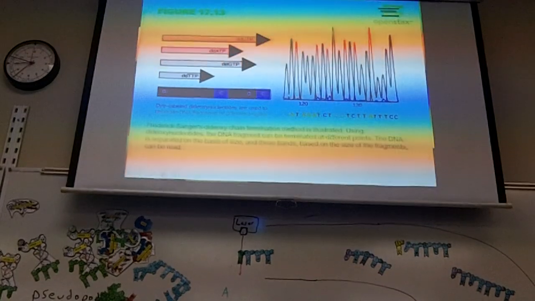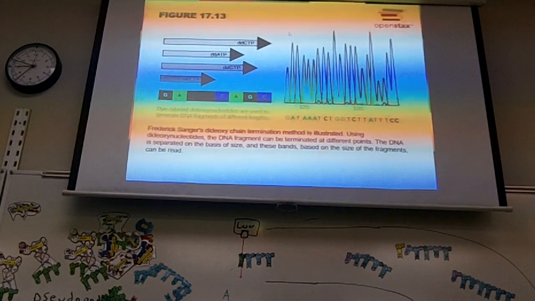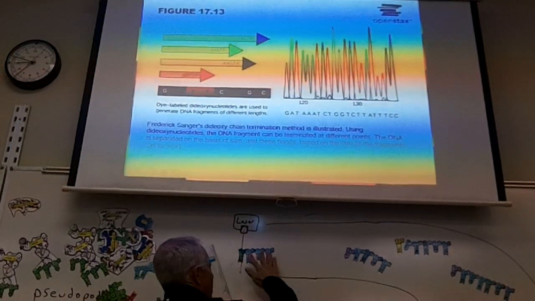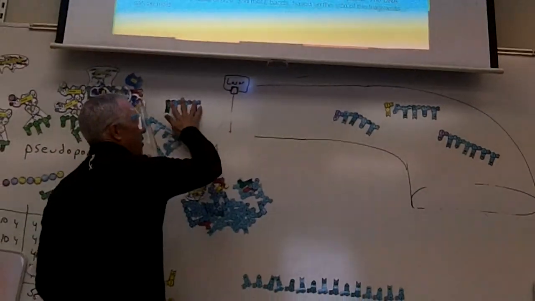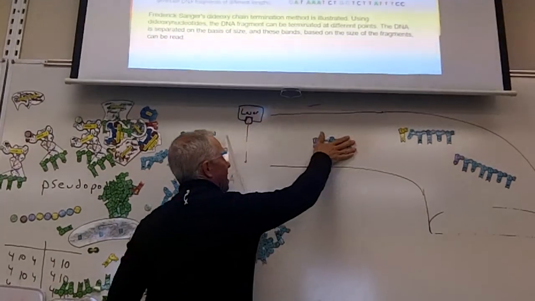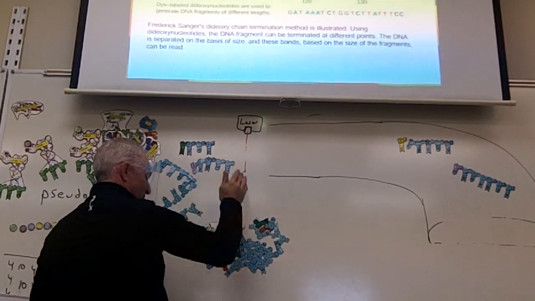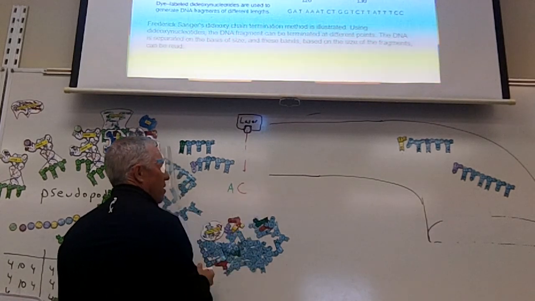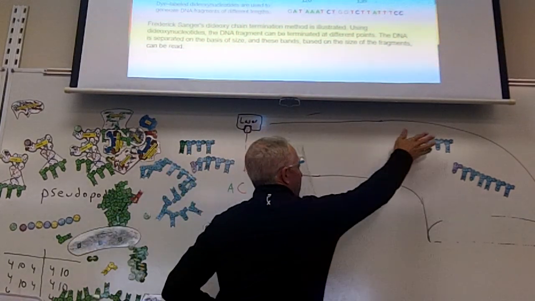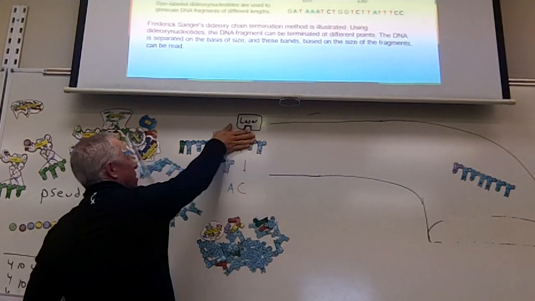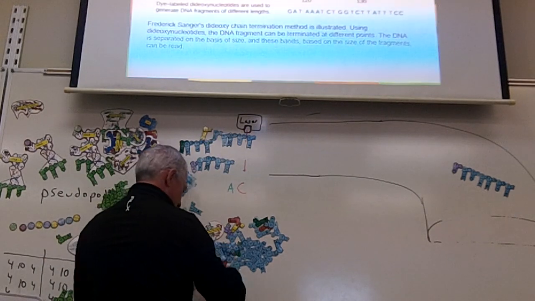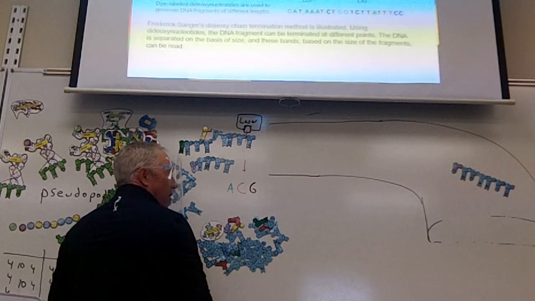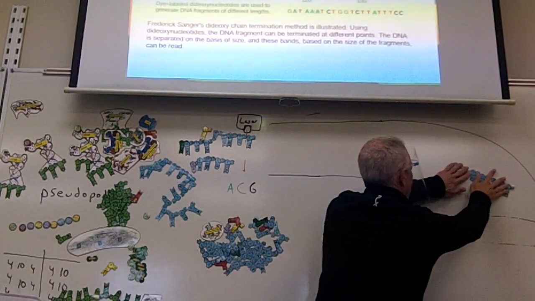I mean, this is milliseconds. And then you have a whole bunch of A's come through. In my example here, A comes through first, and then C comes through second. So C is the second one. And then in my example, G comes through third. So G is the third one. And then C comes through fourth.